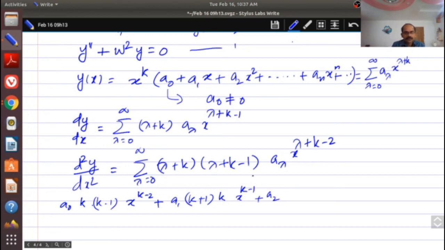plus a2, when you put lambda equal to 2, this will be k plus 2 into k plus 1, x raised to k, plus we need one more term, a3 into k plus 3 into k plus 2, x raised to k plus 1, all of small case, there is no capital K, plus it goes on like this.